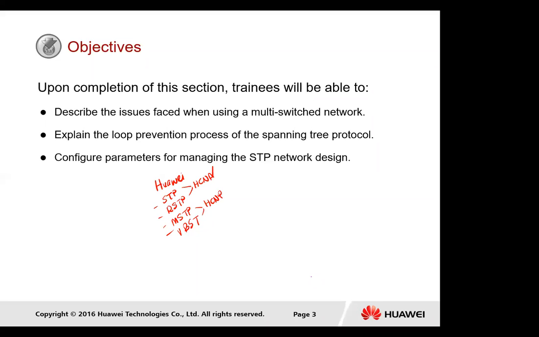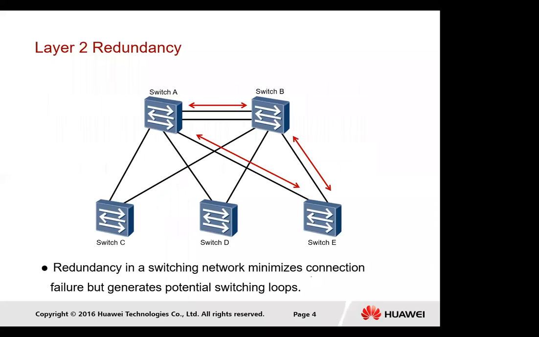Because today we have limited time, I will just go through a bit of introduction of the spanning tree itself. First of all, why do we need to use spanning tree? This is all because of layer 2 redundancy. Let's say I have switch 1 and switch 2.